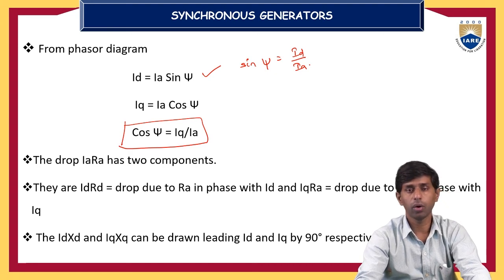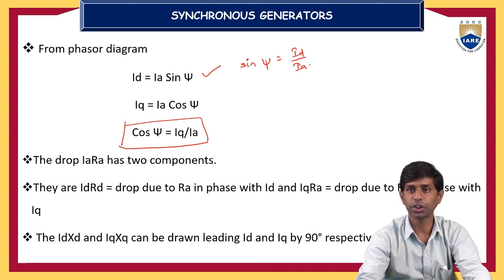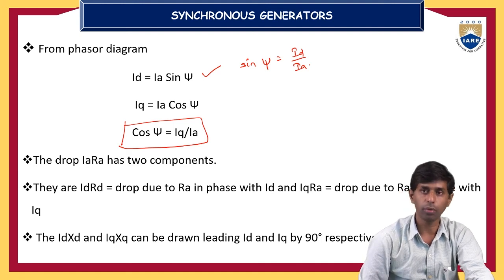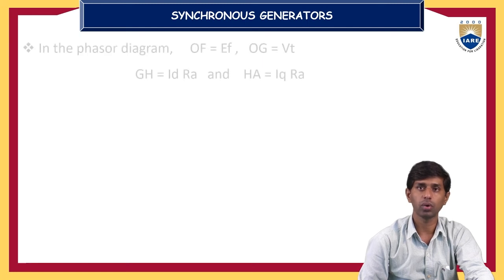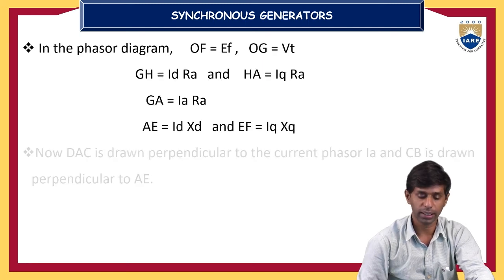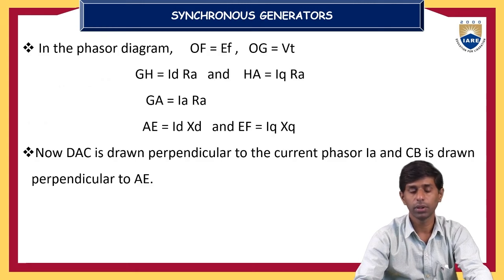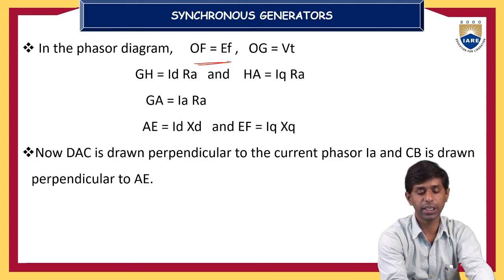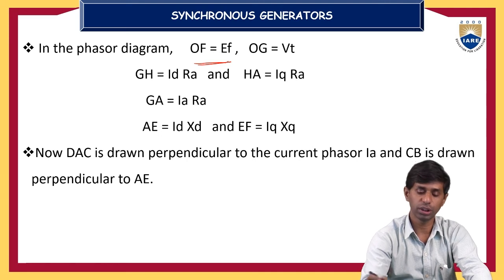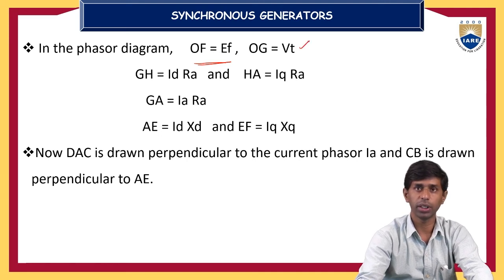The drop IARA also has two components, as mentioned in the phasor diagram, along the direct axis as well as along the quadrature axis. And similarly, the drop due to winding reactance also has two components along the direct axis as well as the quadrature axis. So in the phasor diagram, the OF represents the excitation EMF EF, and OG represents the terminal voltage VT.